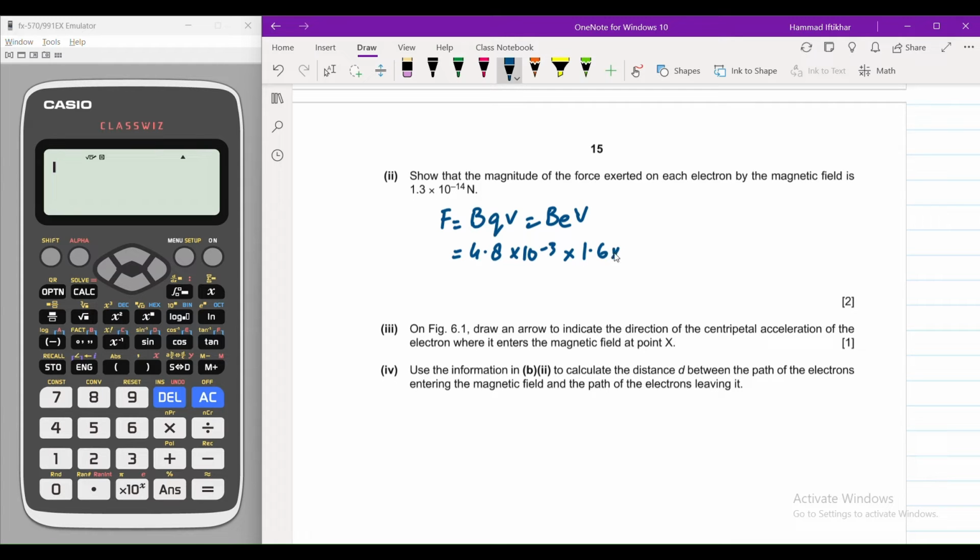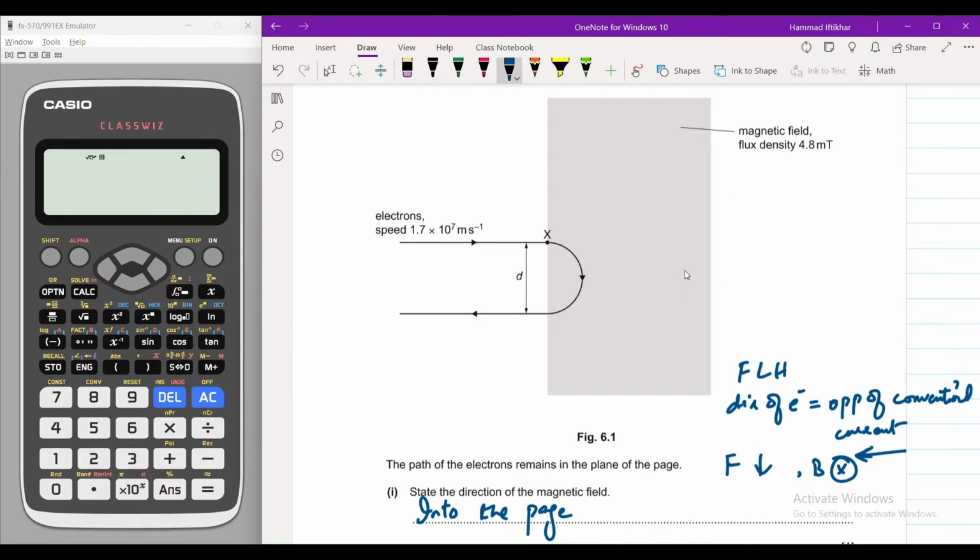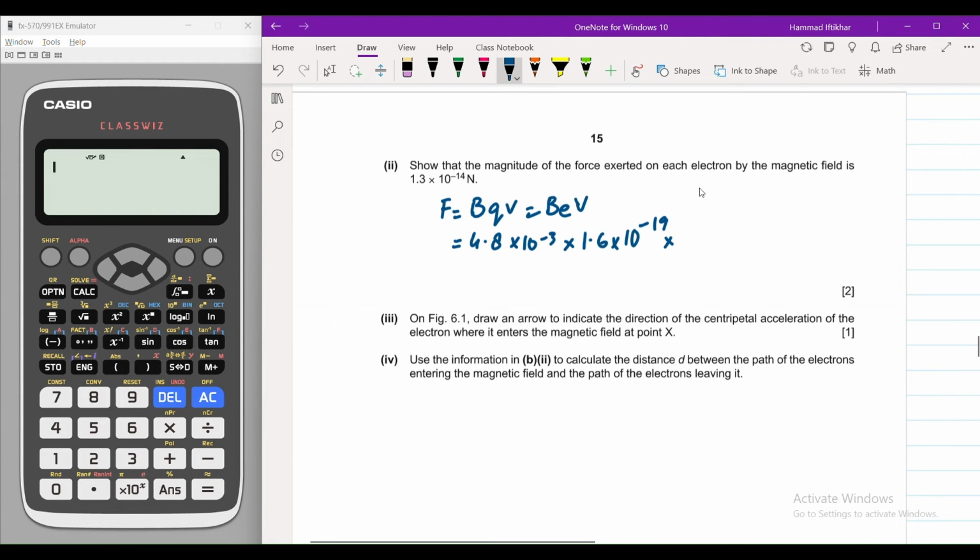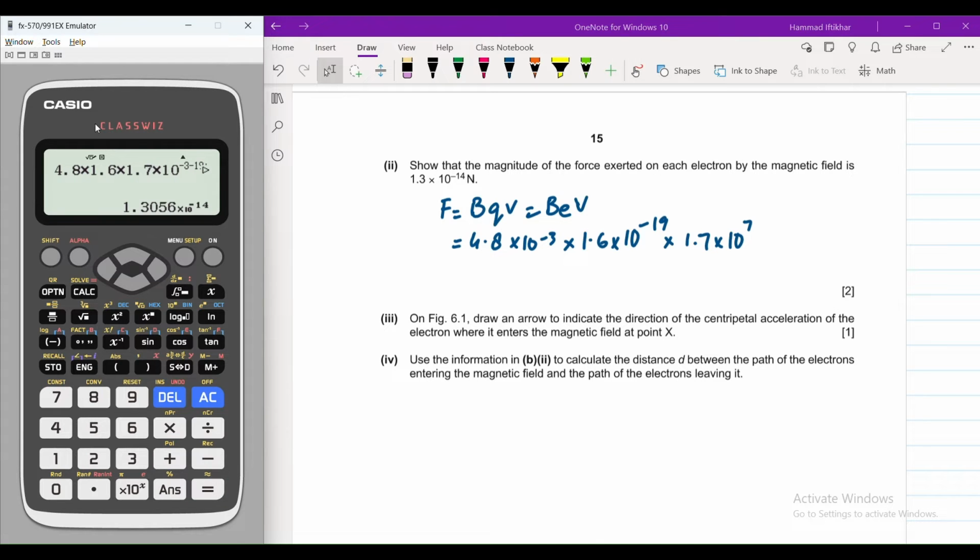Charge is 1.6 × 10^-19. Velocity is 1.7 × 10^7. So 4.8 times 1.6 times 1.7, and 10 raised to the power -3 -19 +7, that is equal to 1.3 × 10^-14 newtons.